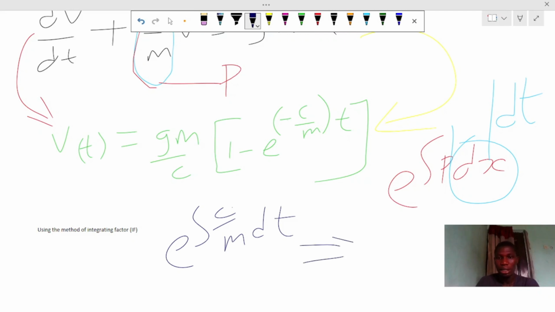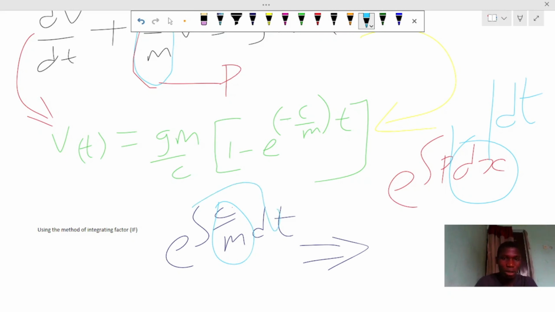If you take the integral of c over m with respect to t, c over m is a constant, so you take the integral of dt.